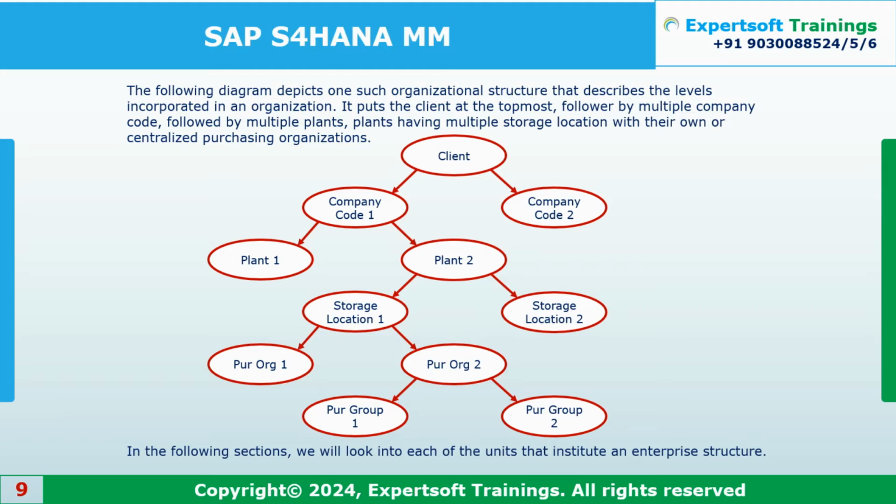Let me give you an example: let's say we have to implement SAP for Reliance Industries, and under this Reliance Industries client, we have two businesses. Number one, Reliance Petrochemical, and number two, Reliance Communication.